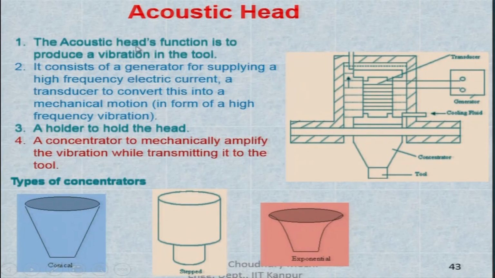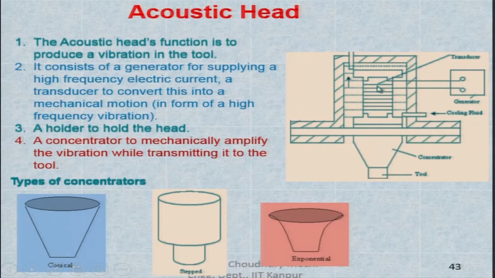Well, here are the details of the acoustic head. This is the tool, this is the concentrator, here it is the conical concentrator. Since it is a high frequency, as I said, the frequency can be 20-25 kilohertz. At that high frequency the temperature produced will be very high. The vibration is generated by means of a generator and this is the transformer.